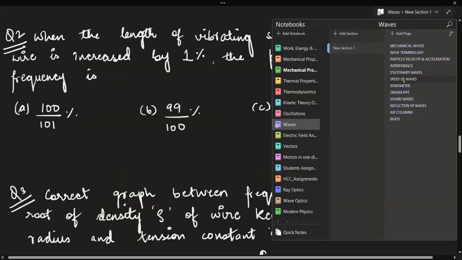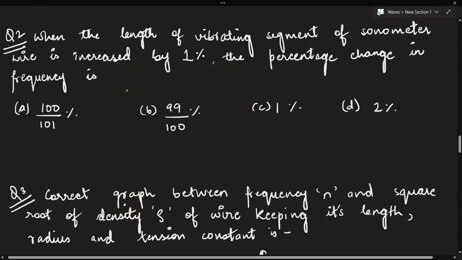See what this question is asking. It asks about the effect on frequency when the length is increased, regarding the sonometer wire. So what is the frequency?